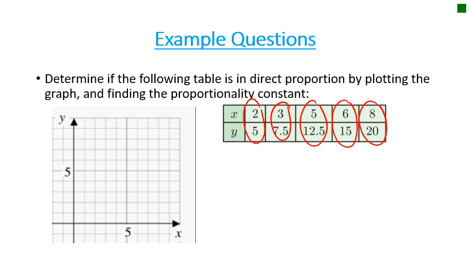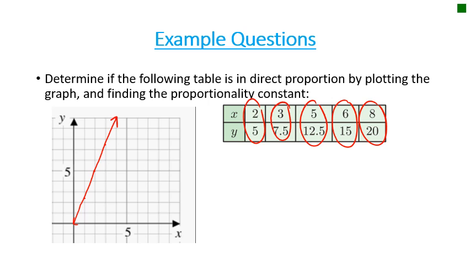So let's do that. 2, 5 is one plot. 3, 7.5 is another one. 5, 12.5, which means 4 would be 10, which would be there. And then we can see that if it was 1, it'd be 2.5, which is about there. That's going to be the graph that we're going to plot.